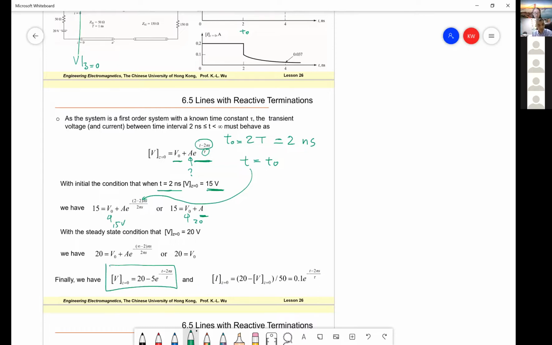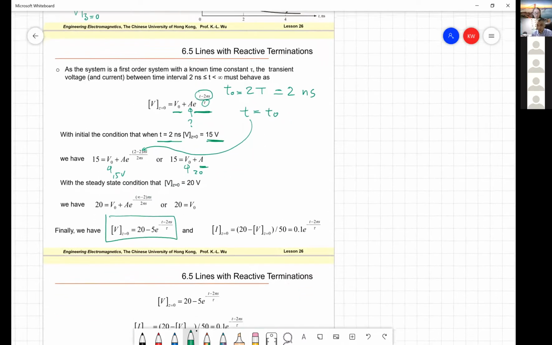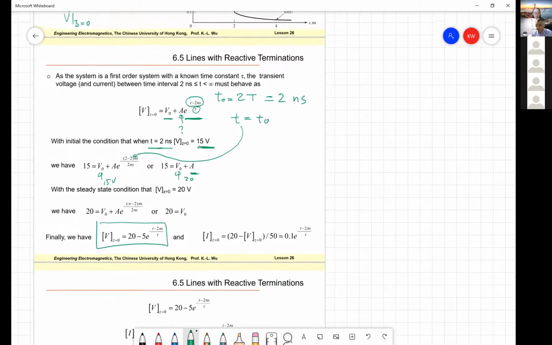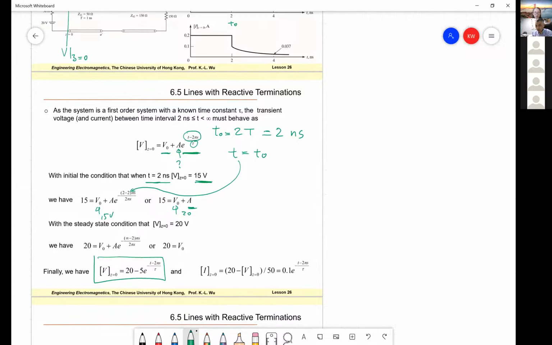at the source terminal. So once we know the voltage, can we know the current? Yes, of course we can. You see, because what we have is this is 50 ohm, this is 20 volt.